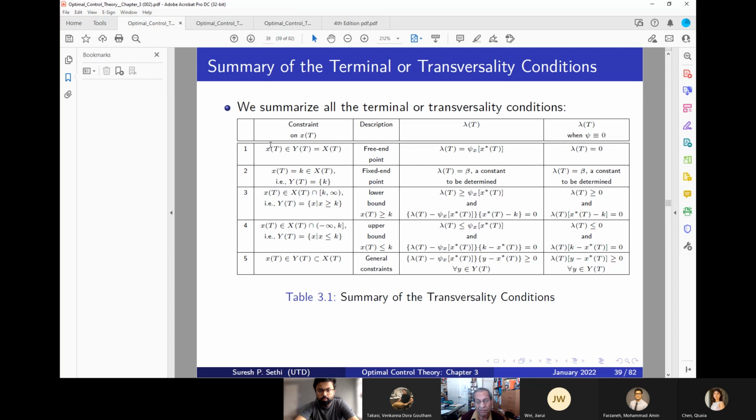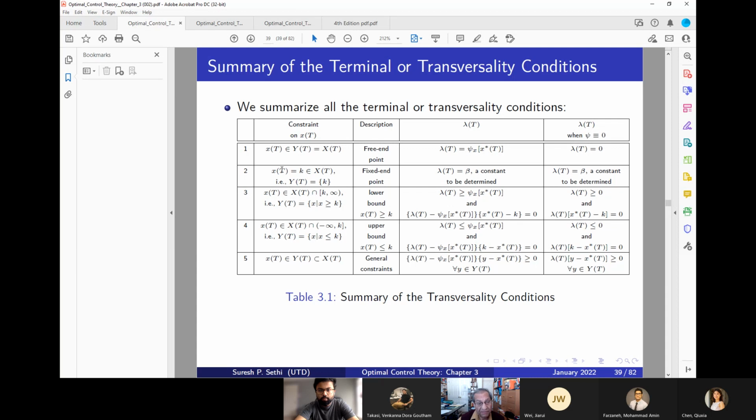And in a free endpoint problem, the terminal condition is fixed. So lambda T is either this value, or if there is a salvage value, then lambda T equals 0, because the derivative of that would be 0.